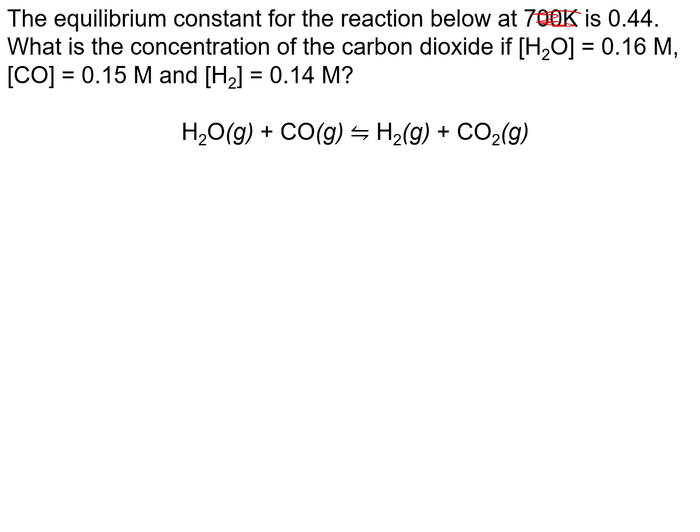That's the temperature. And we are not looking at how temperature affects equilibria. That would be more for an advanced chemistry class. So this 0.44 is what our K actually is. And then it gives us the numbers for the water concentration, carbon monoxide, and the H2 concentration.